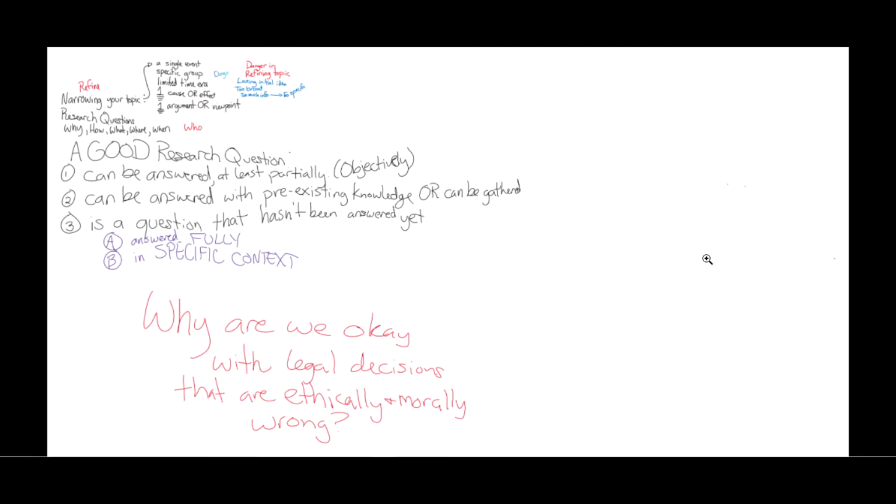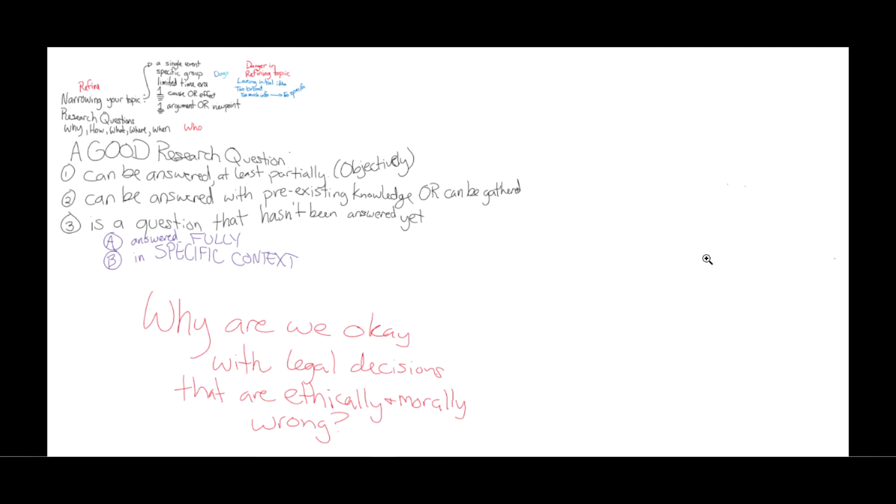Alright, and then the third one: is your research question a question that hasn't been answered yet? This is something I learned way back when I first went to college. Don't give me the same old thing that's been around for 100 million years. It's the reason I tell you, don't do the concussion paper, don't do the legalized marijuana. You're not asking a question that hasn't been answered yet.